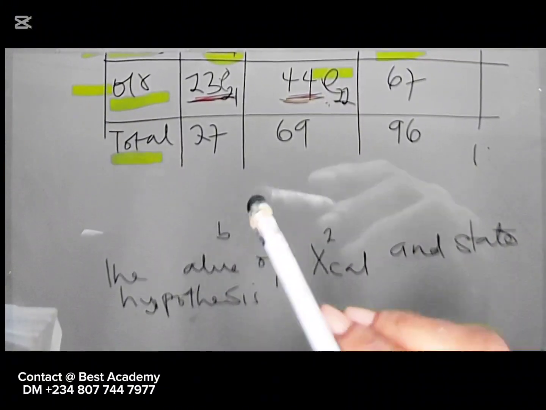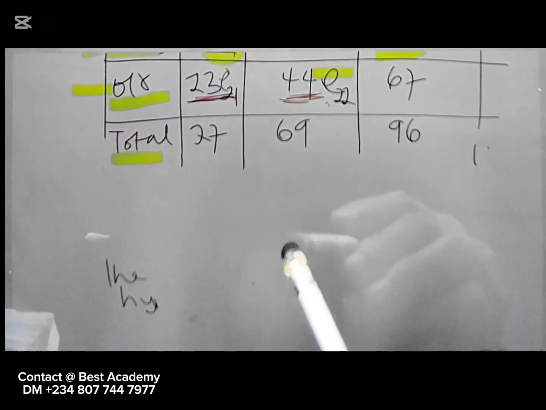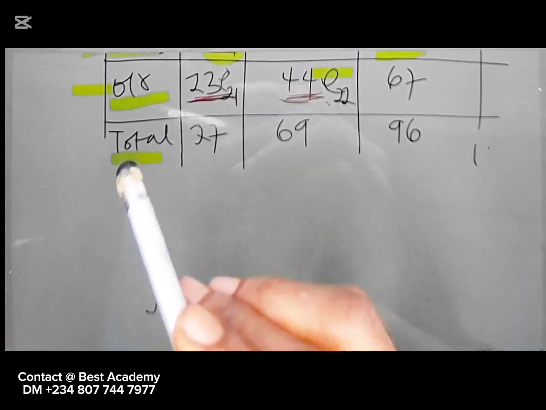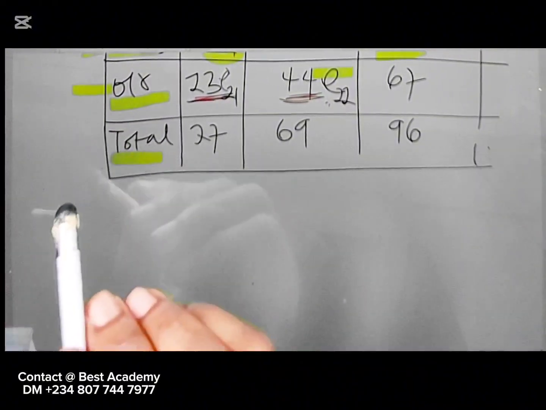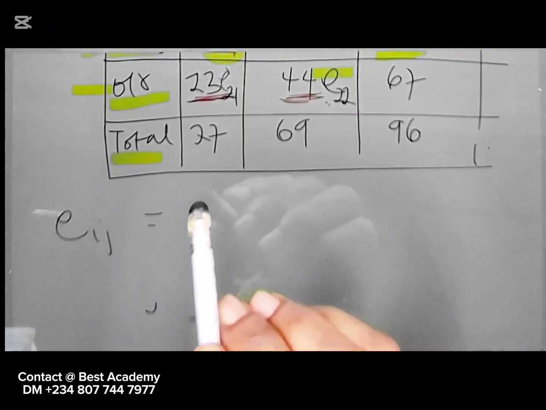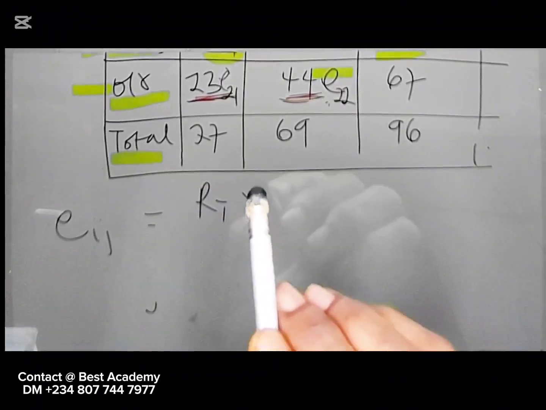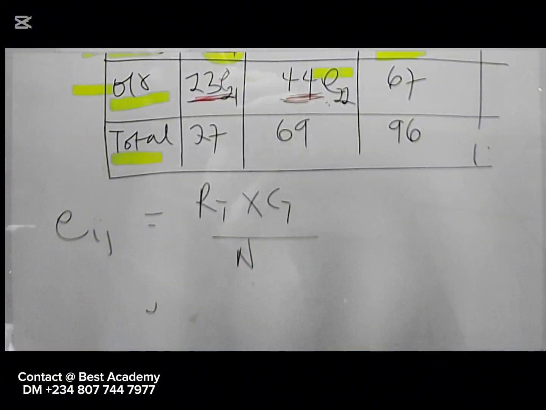Please take note. To calculate expected frequency, class, E of ij is equal to the row total times the column total over the grand total.